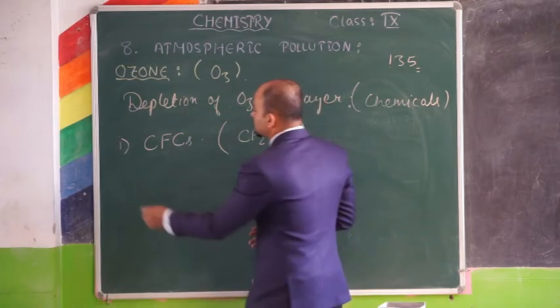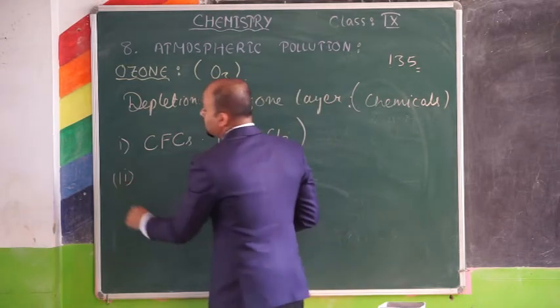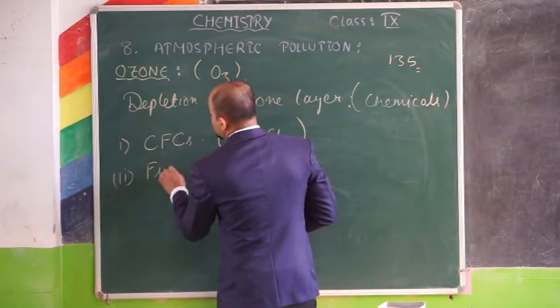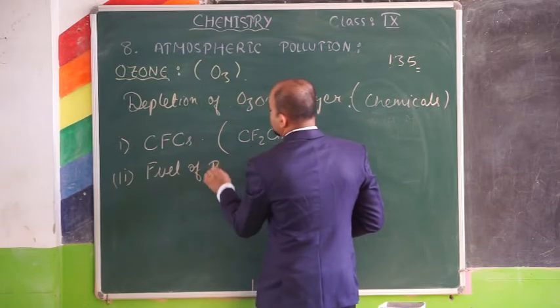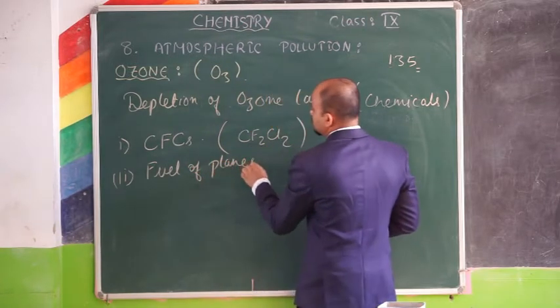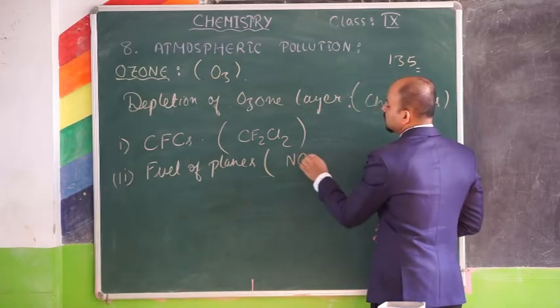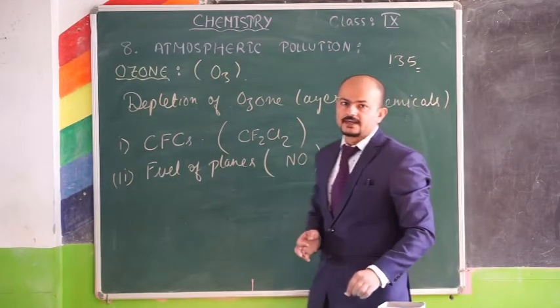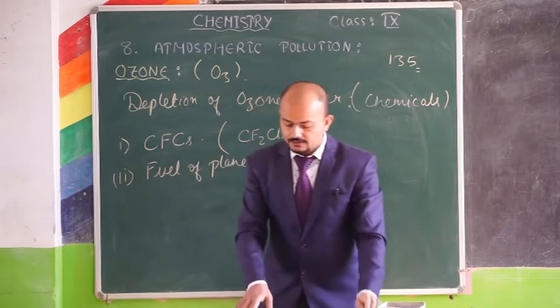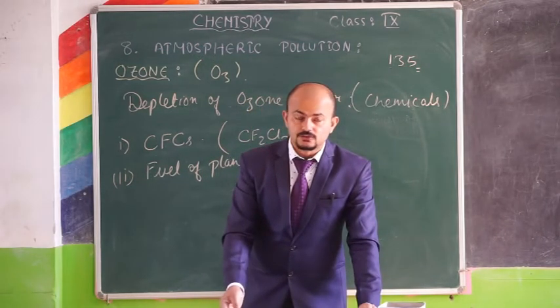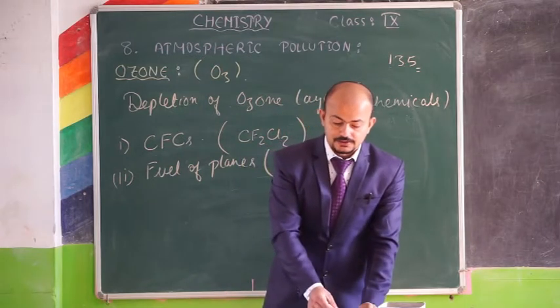So number 2 is plane fuels. Whenever the fuel of planes is burned, oxides of nitrogen are released, and they react with the ozone layer and convert this ozone to oxygen.